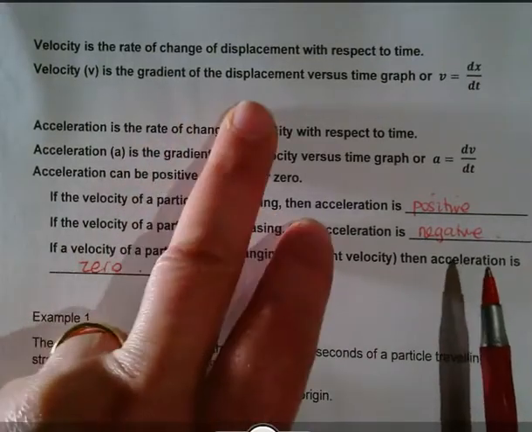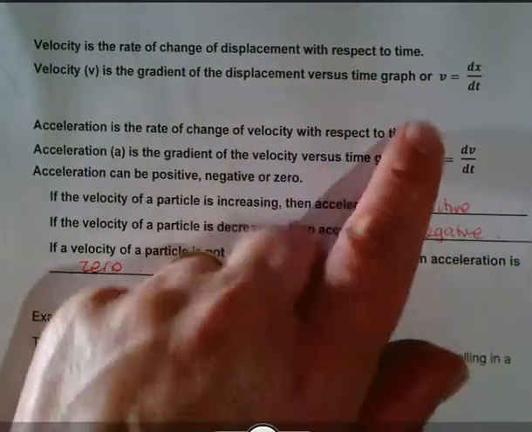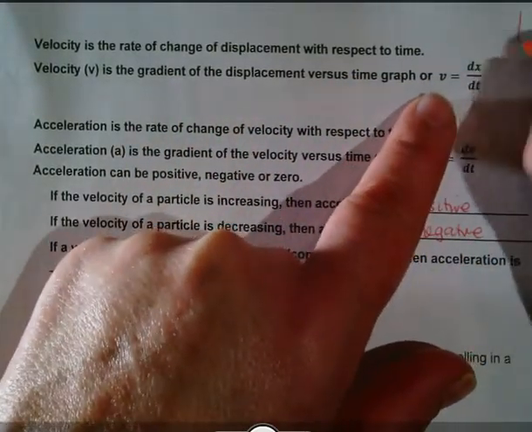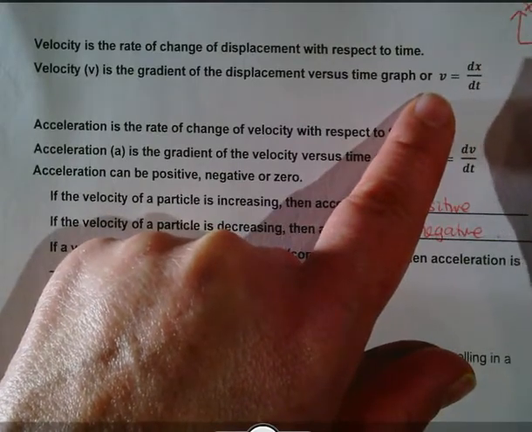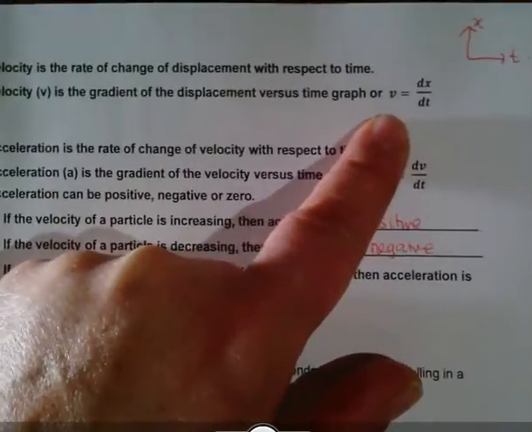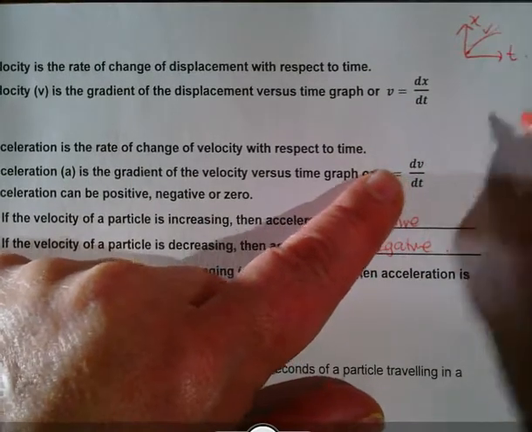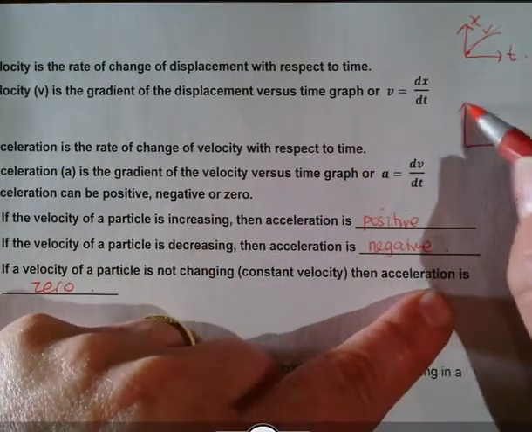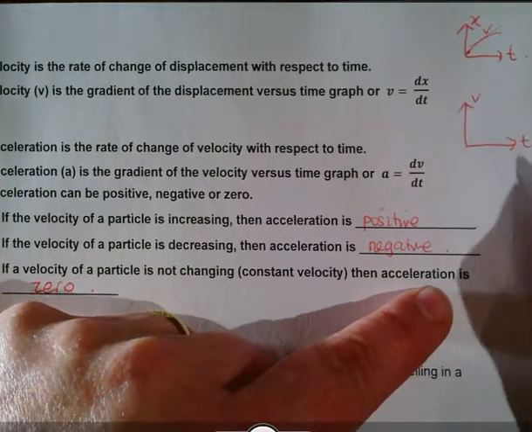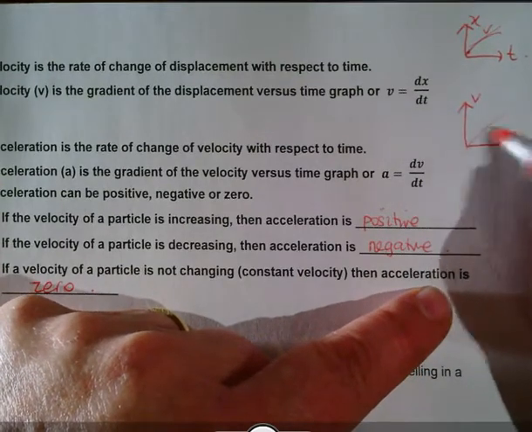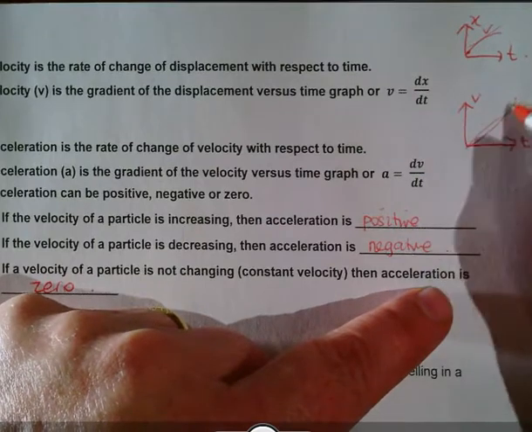Now, just like velocity is the gradient of the displacement versus time graph, so if you've got an x versus t graph, its gradient is called the velocity. But we can also draw a velocity versus time graph, and that will look different.